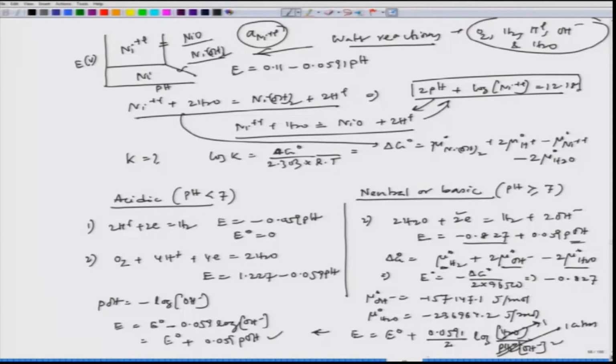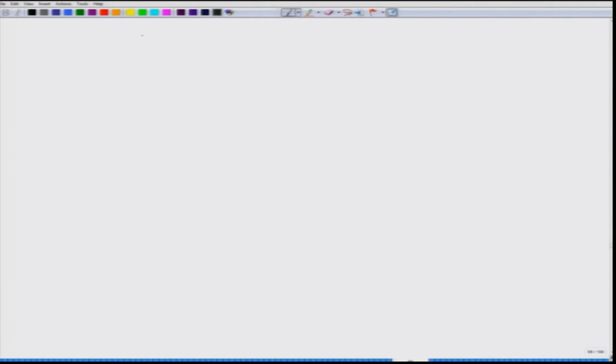Then if you do the simplification, you would get E equal to E0 minus 0.0591 times 14 minus pH, where pH plus pOH equal to 14.